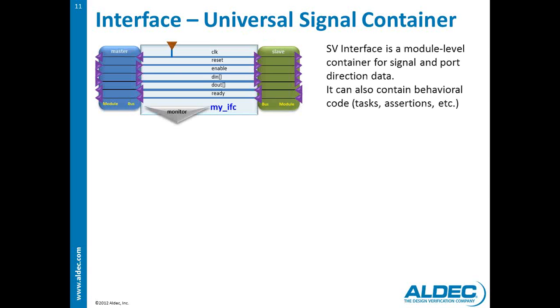So we can say that SystemVerilog interface is a module-level container for signal and port direction data. What's beyond our scope is that it can also contain behavioral code, for instance, tasks that describe write and read or similar procedures, assertions that verify protocols, etc.